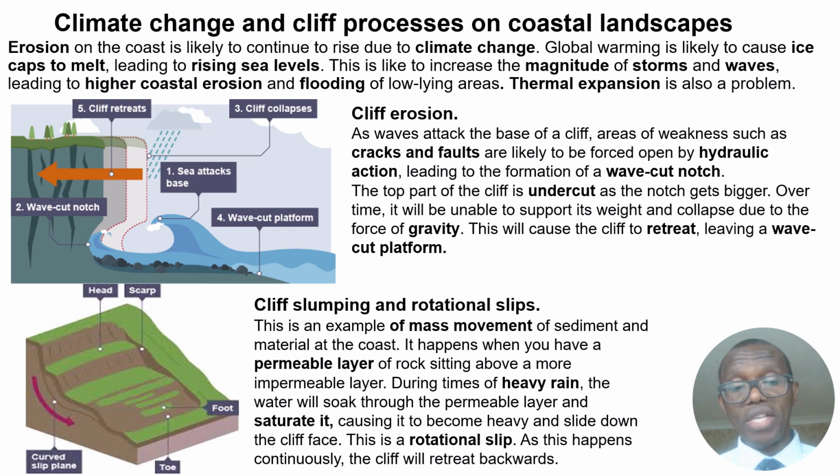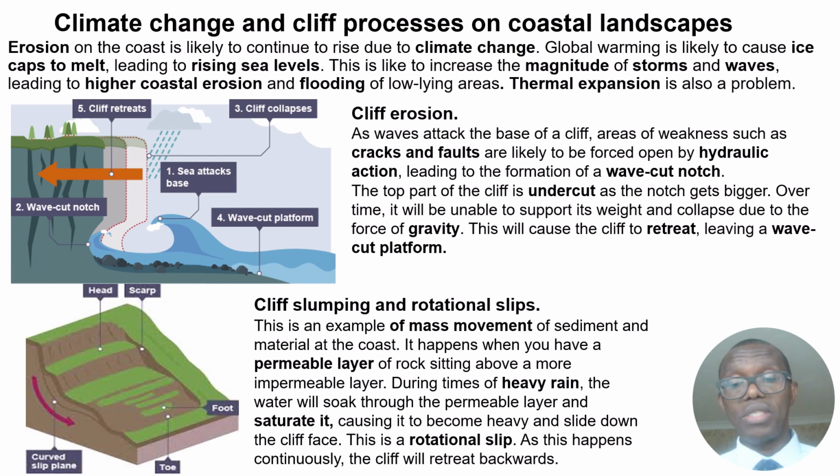If there is a crack on the cliff face, that hydraulic action is going to act on it, and over time a wave cut notch is going to form. As that happens, the top part of the cliff is going to be undercut because it will not have any material below it to support it, and over time that undercut area is likely to collapse into the sea.